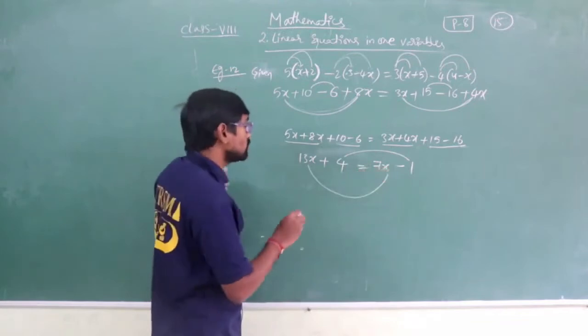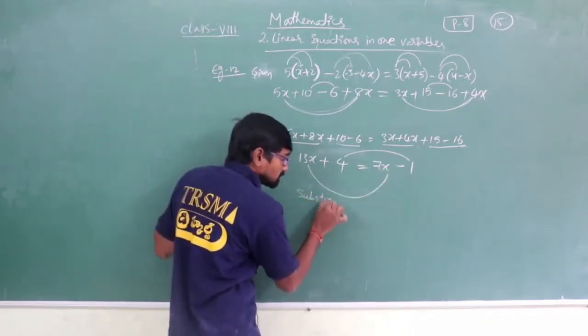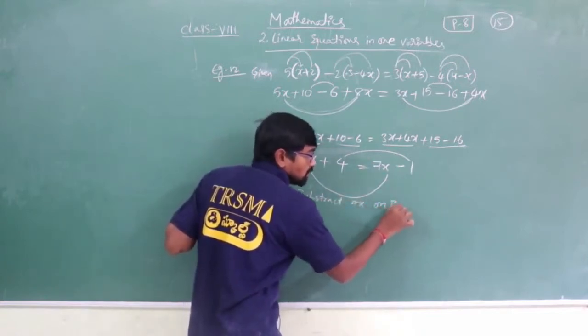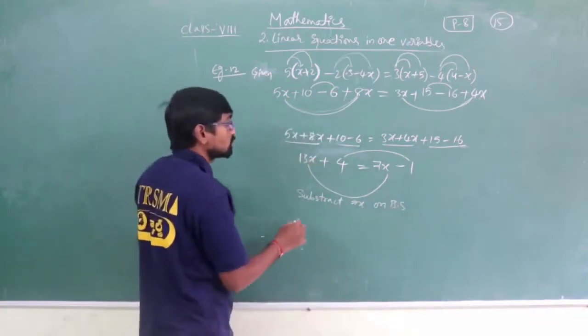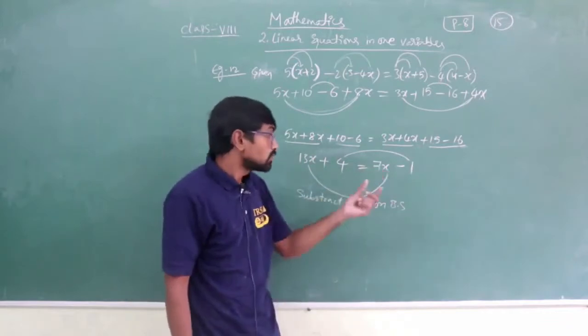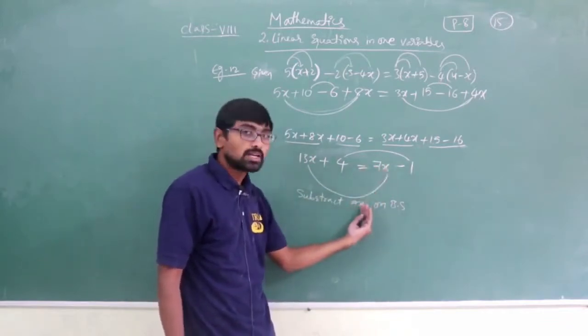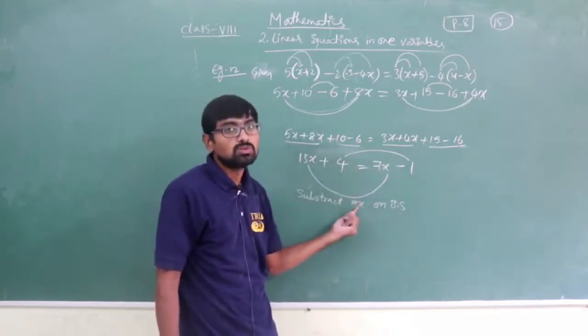So here what I am doing, subtract 7x on both sides. Why am I subtracting? Here we have plus 7x. To make this 0, I am subtracting 7x. 7x minus 7x will become 0.